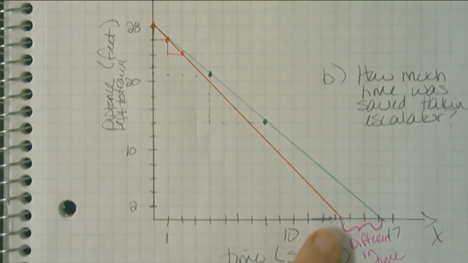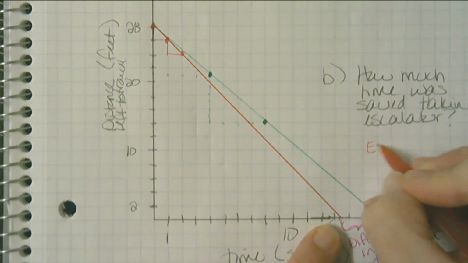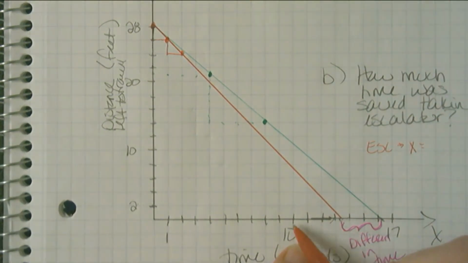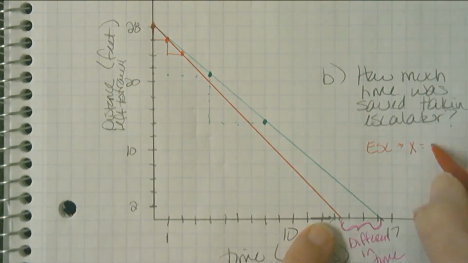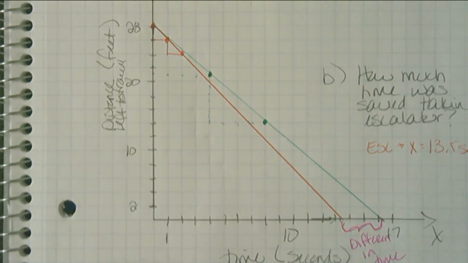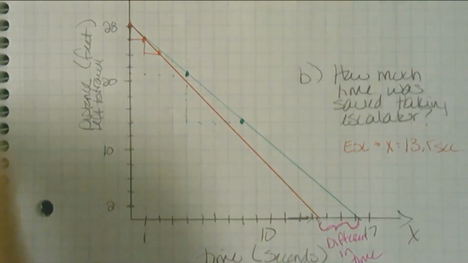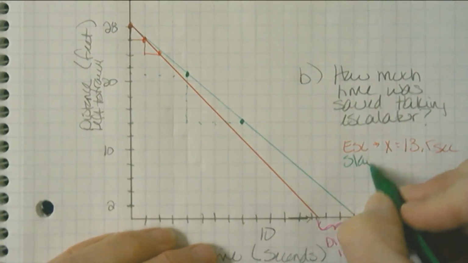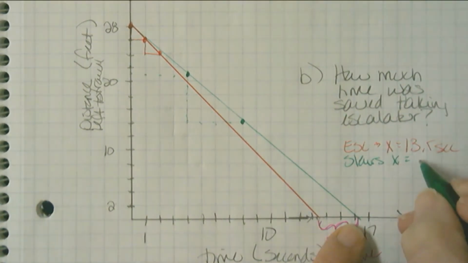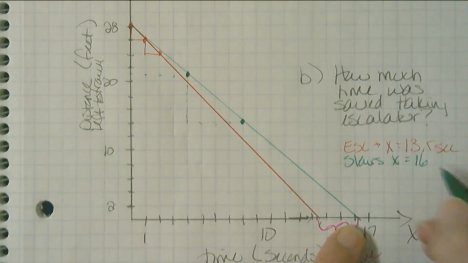So if I take a look at the red, my escalator, my time was 10, 11, 12, 13, maybe 13.5 seconds approximately. How many of you guys would agree with that? All right, if I take a look at my stairs, my x is approximately maybe 16 or 16.25-ish.